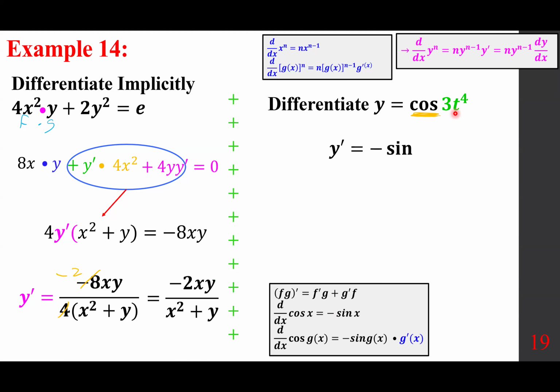In this case, g of t, you put 3t to the power of 4, because this is meaningless without its argument. Then the derivative of cosine is minus sine g of x times g prime. The derivative of the argument is 12t cubed. Put it in front: minus 12t cubed sine of 3t to the power of 4, and you're done.